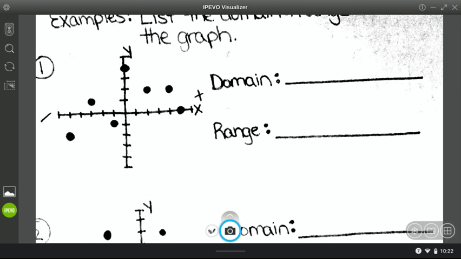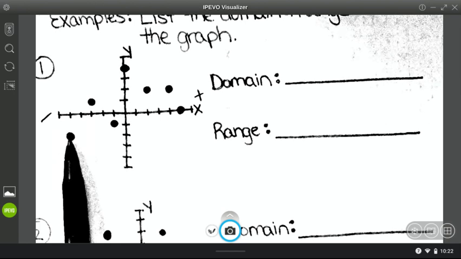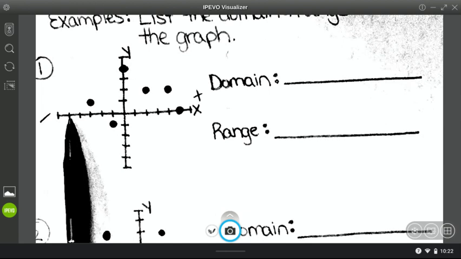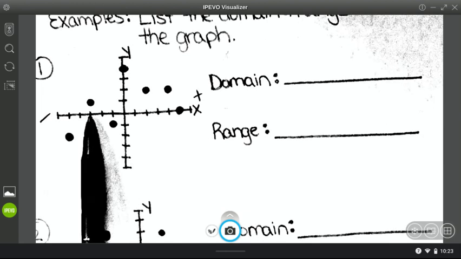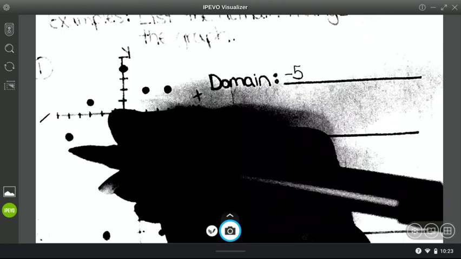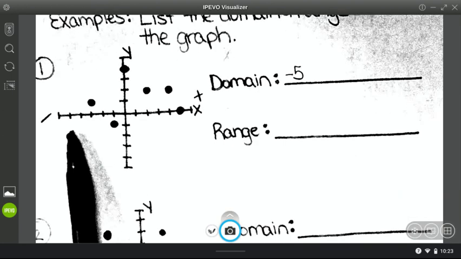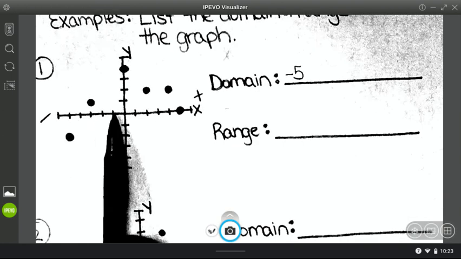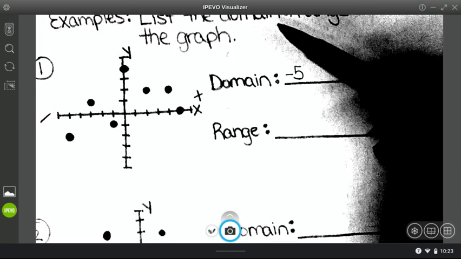So the farthest point to the left is this one, right? What's its value? 1, 2, 3, 4, 5. Yep, -5. All right, so we took care of this point for the domain. Now what about this one? -3.